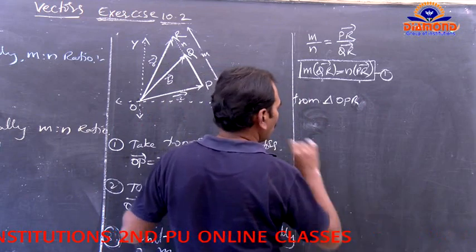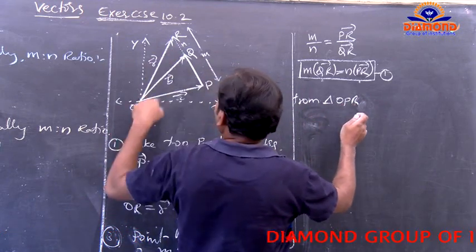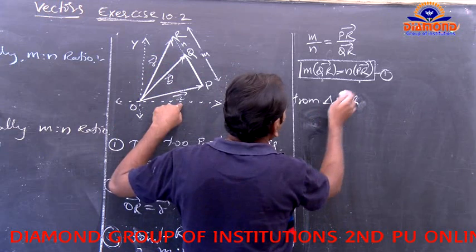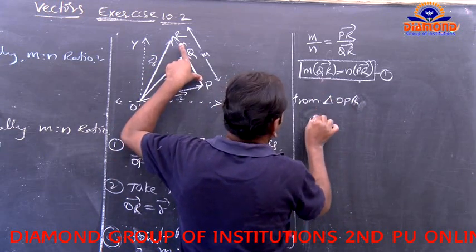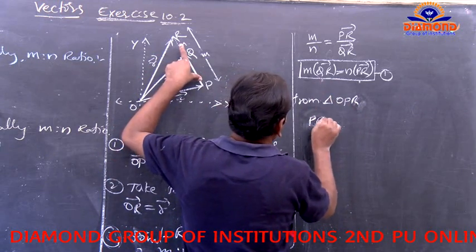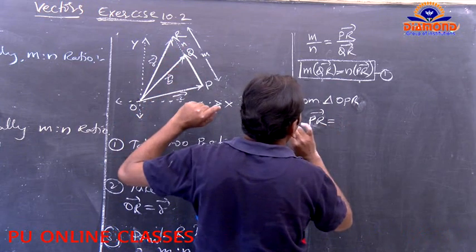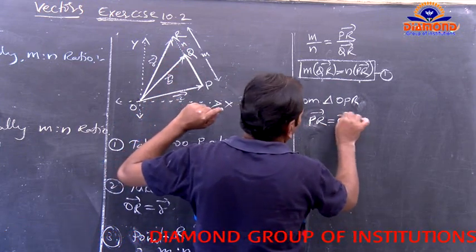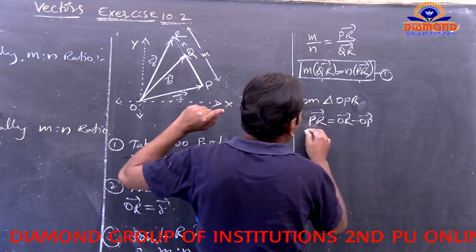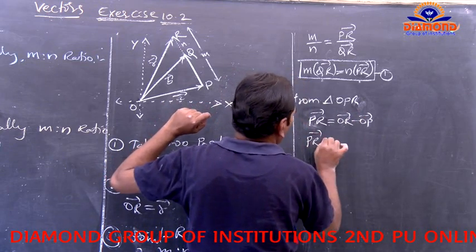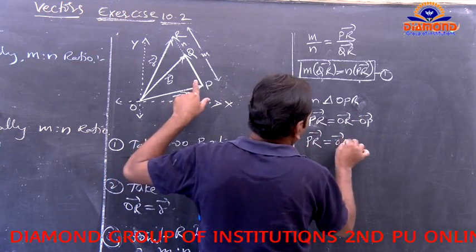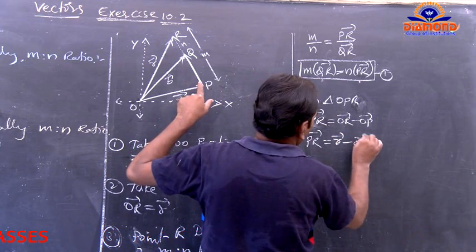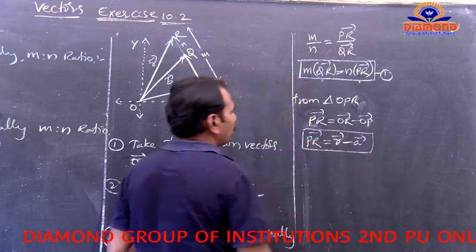Here, first PR vector equal to OR vector minus OP vector is nothing but PR vector equal to R vector minus A vector. This is PR vector.